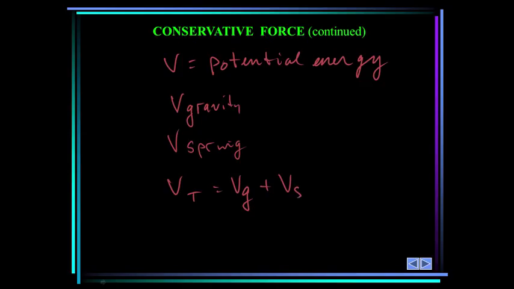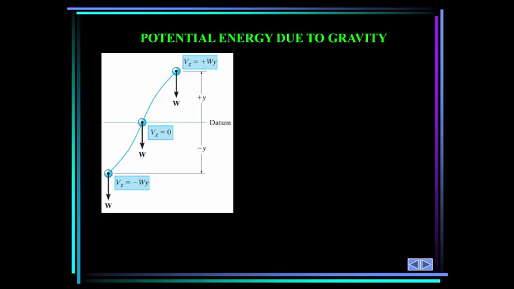So let's discuss the potential energy due to gravity and spring in more detail. So first we'll discuss the potential energy due to gravity. The potential function for a gravitational force is the weight times the elevation from a datum. So if you have this weight and you lift it to a new location that is plus y above the datum, and remember, this is independent of the path taken.